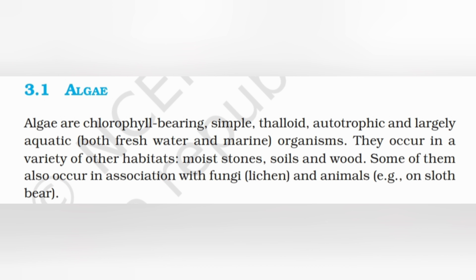Algae are chlorophyll bearing, simple thalloid, autotrophic and largely aquatic, both freshwater and marine, organisms. They occur in a variety of other habitats: moist stone, moist soil and moist wood. Some of them also occur in association with fungi, known as lichen, and on animals like the sloth bear.